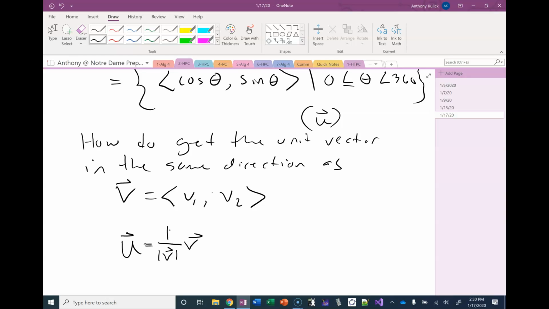If v is length 5, and I multiply it by 1 over 5, it's now a unit vector, and it's still in the same direction as v. Oh, yeah, sure, of course, right? It's super obvious now that we say it, but to come up with it on your own, maybe not.